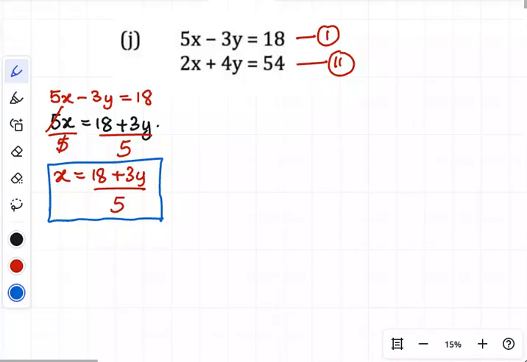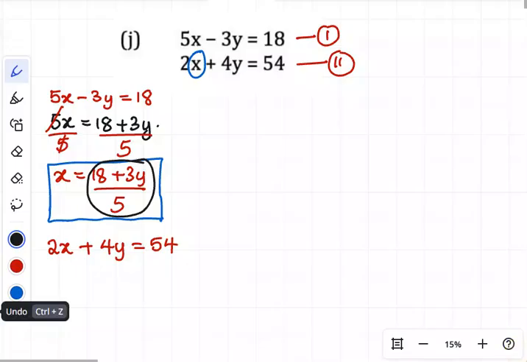Now I will substitute this expression for x in equation 2. This is equation 2 here: 2x plus 4y equals 54. So what do I do now? I will take the whole of this and substitute it for this x here.